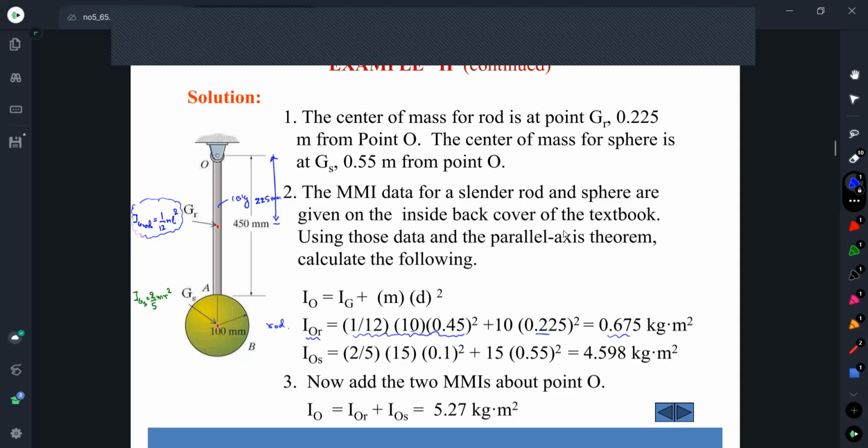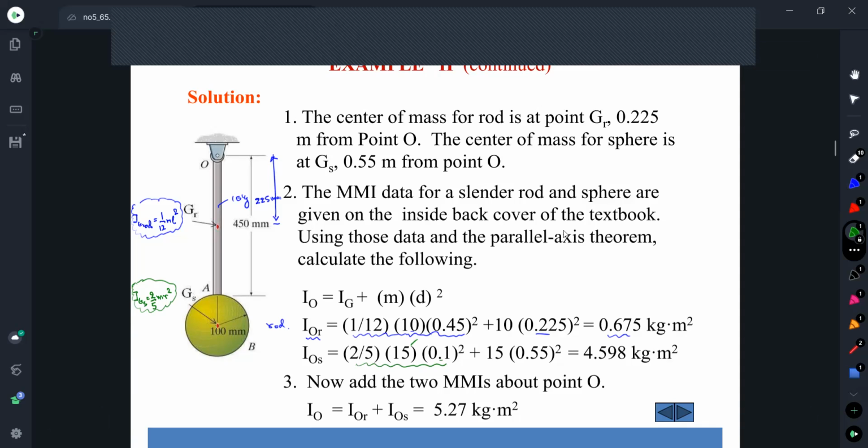Then we move to the mass moment of inertia of the sphere. The mass moment of inertia of the sphere at its mass center is 2 over 5 mr squared. The mass of the sphere is 15 kilograms and its radius is 0.1 meter.